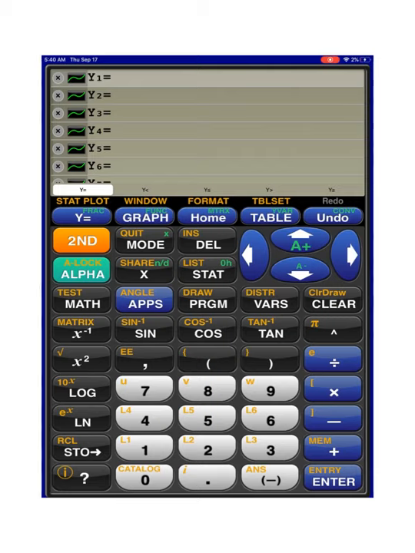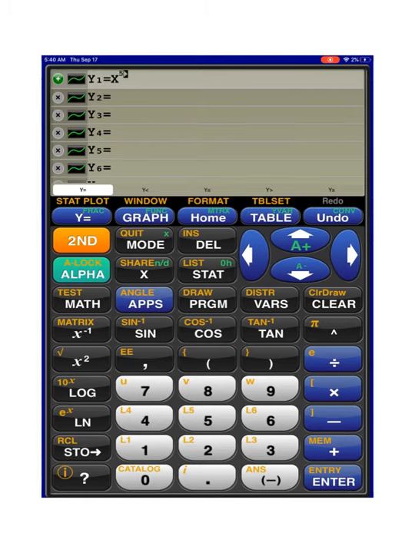Okay, so let's say we have an x to the fifth. So here I'm just going to punch in x to the fifth plus 5x to the fourth, minus 3x cubed, plus 6x squared.